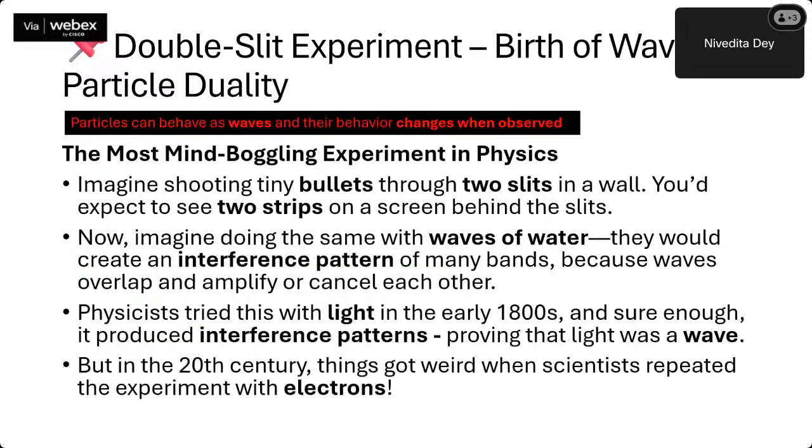And the last one is the double slit experiment, where light from a source was passed through two slits, and at the wall you can see an interference pattern, which says that light also behaves like a wave. That was the thing.